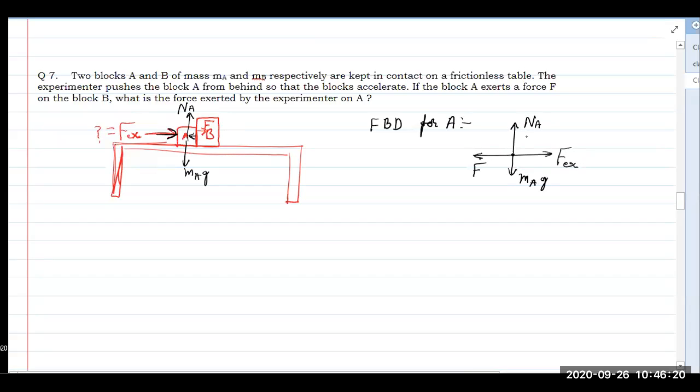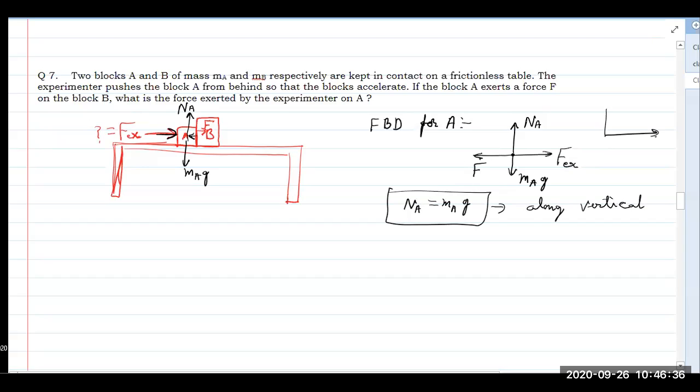In the vertical direction the system is not moving, so NA equals MAG. These are balanced along vertical.